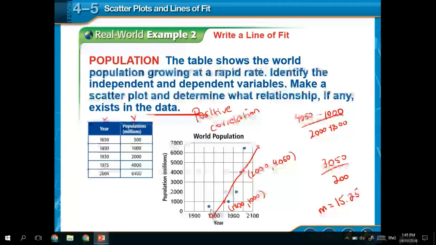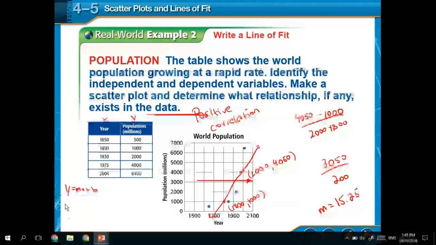Once I have a slope, I need to come up with the y-intercept. So to do that, I'm using y equals mx plus b, and I'm plugging in the m and one of my points. So I'm going to do this point here.